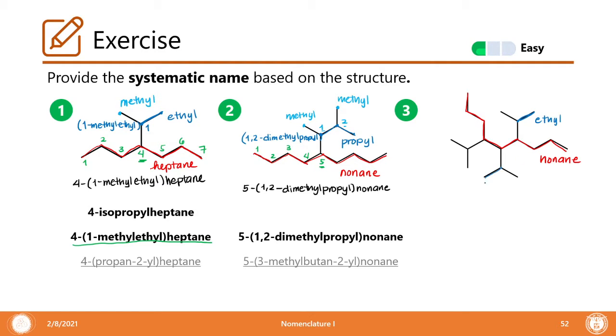This one 1, 2 ethyl. 1, 2 ethyl. And at position 1 of each of them, they have a methyl group. So they all have the same general complex substituent name of 1-methylethyl.